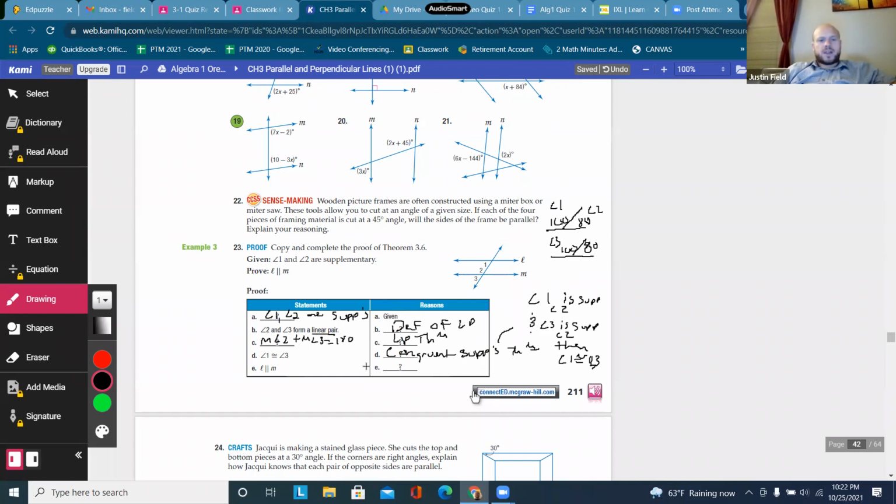And so anyway, 1 and 2 are SSIs, but now we have 1 and 3. So we've just said that 1 is congruent to 3. So now we are saying that the lines are parallel because of what? What is the angle pair relationship between angles 1 and 3? They are corresponding angles. CAP converse.